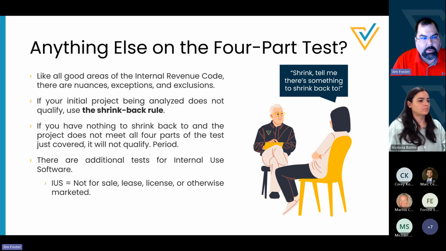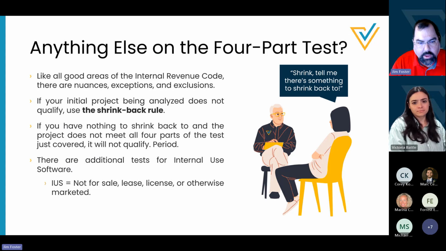And I will point out that, like all good areas of the Internal Revenue Code, there are nuances to it. There's exceptions and exclusions and a whole bunch of other stuff. Additionally, if the initial project does not qualify, meaning you're failing that process of experimentation or that substantially all 80% test, then you can shrink back to the next smallest business component.